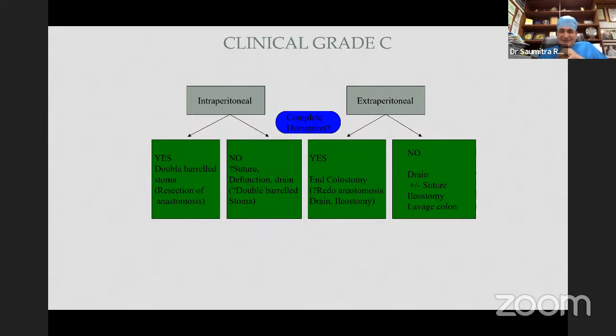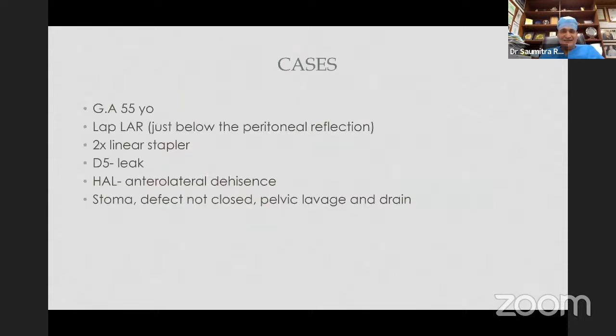If it is extraperitoneal, then you can do the end ileostomy, or if it is not a complete disruption, then you lavage the whole thing, put a drain in and do the covering ileostomy.